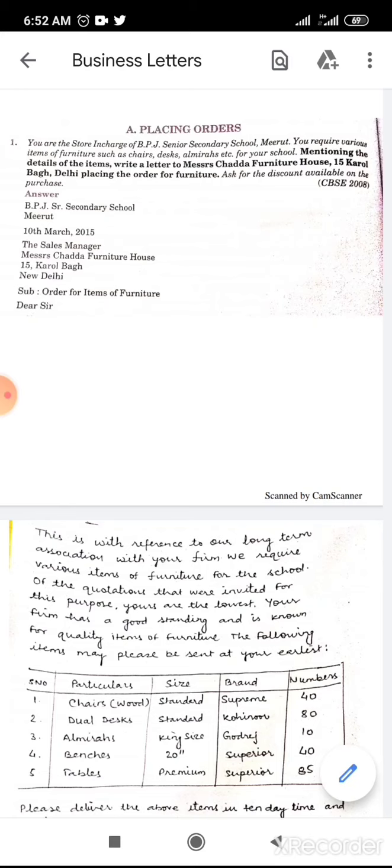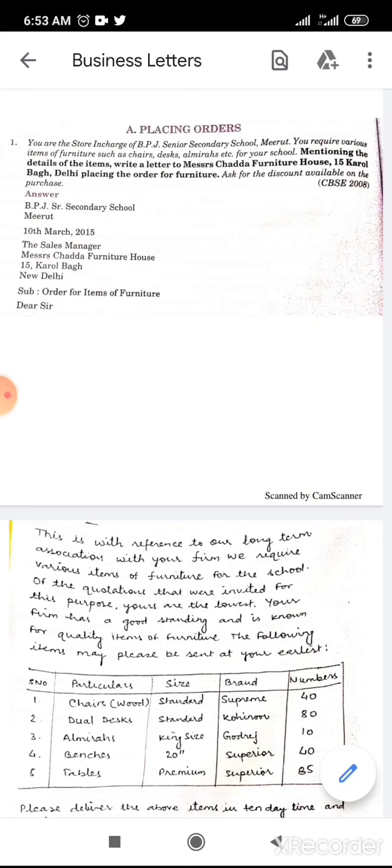Subject says: order for items of furniture. See the brevity of the subject. Order for items of furniture. There is no extra information to be added to the subject. Don't make a 2-line or a 3-line subject. It should be a brief phrase, because it mainly focuses on your orders.